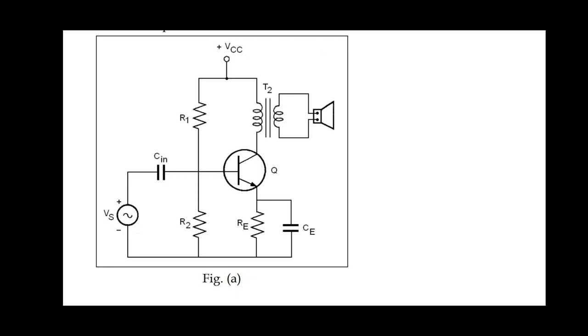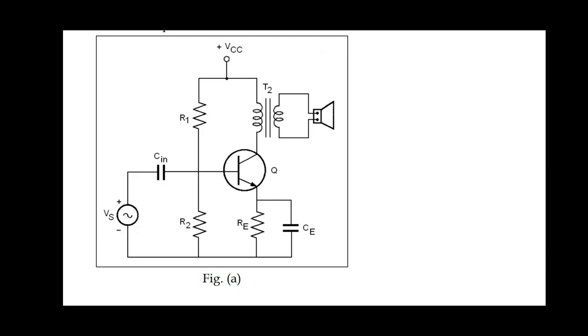The result is amplified AC voltage appearing across the primary winding of the transformer. It is transferred to the secondary winding by mutual inductance, which in turn develops AC power and supplies it to the load.